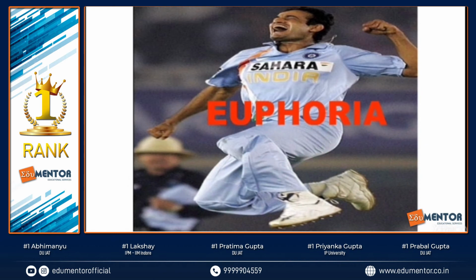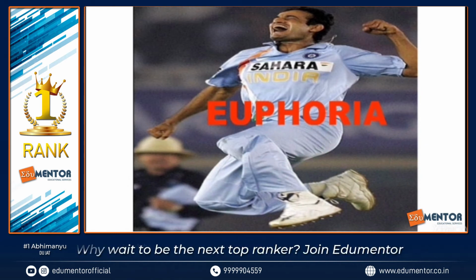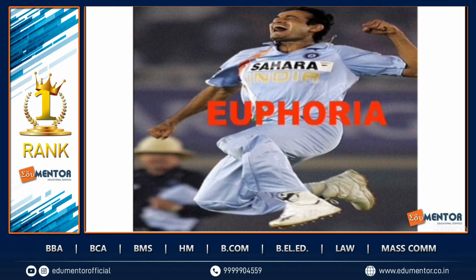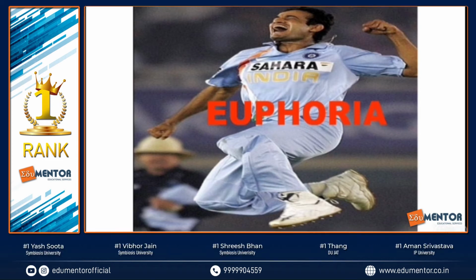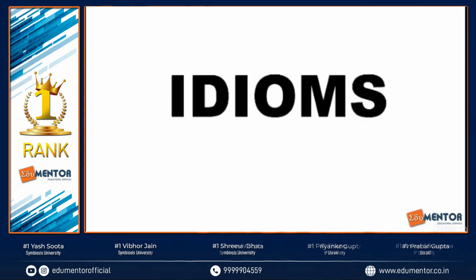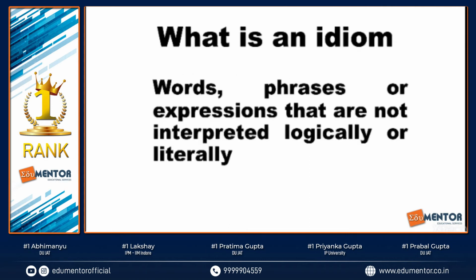It's raining cats and dogs, and we have four options. The options are: cats and dogs are falling from the sky. Second, it's raining very hard. The third is it's not raining at all. The fourth one is the weather is horrible. So, what could be the possible meaning of the idiom it's raining cats and dogs?